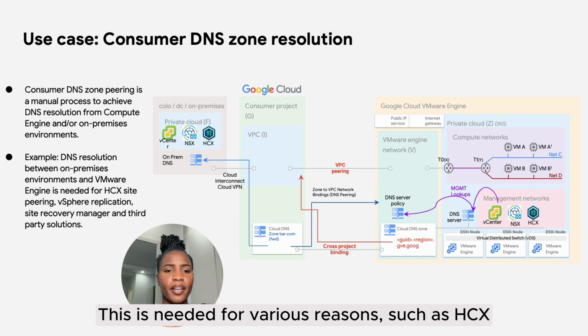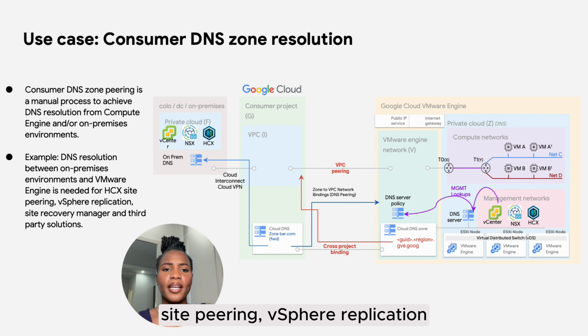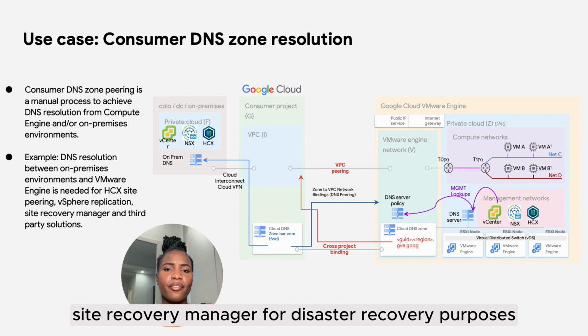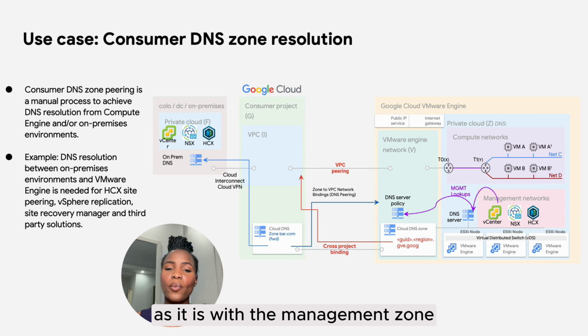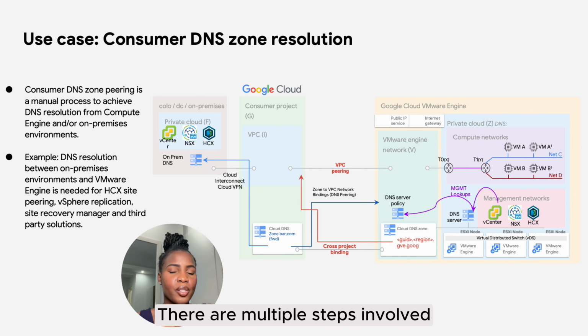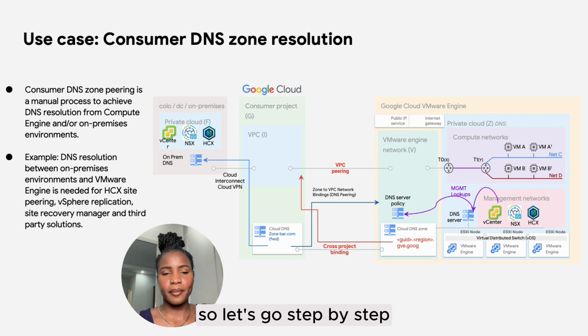This is needed for various reasons, such as HCX site peering, vSphere replication, Site Recovery Manager for disaster recovery purposes, and third-party solutions. This is not an automated process, as it is with the management zone. There are multiple steps involved, so let's go step by step.